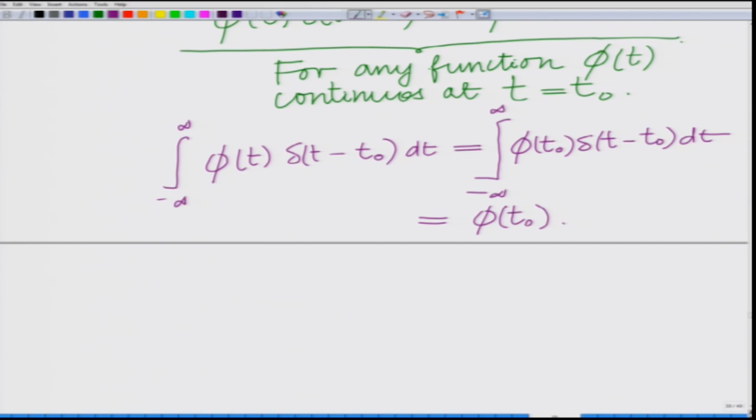Okay. So this picks the value of phi of t at t naught, that is, the integral of phi of t delta t minus t naught dt from minus infinity to infinity is phi of t naught.